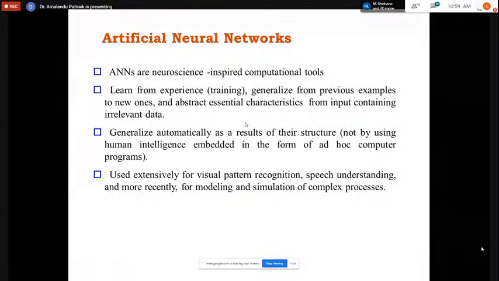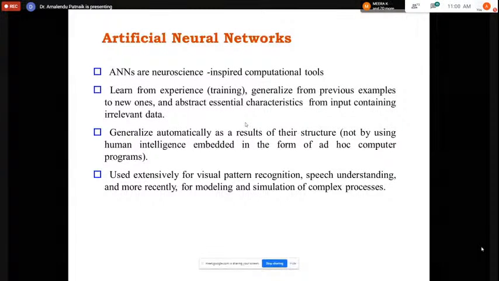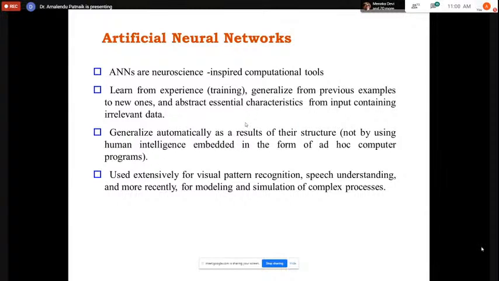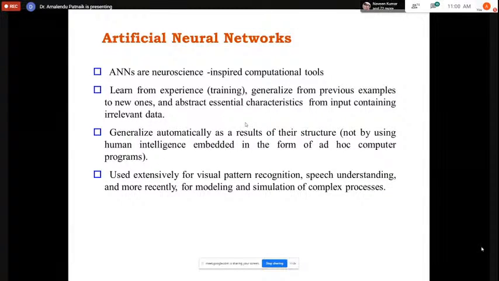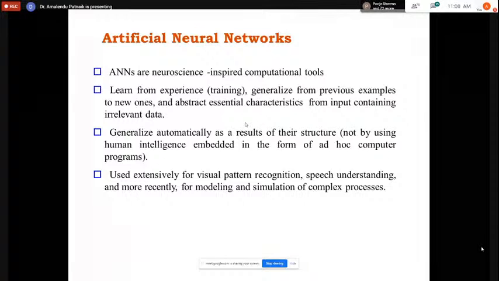It generalizes automatically as a result of its structure, right? Because of the training process that you apply for training of these networks, it memorizes certain things, and for new questions or new inputs, these trained neural networks are capable of giving proper answers.